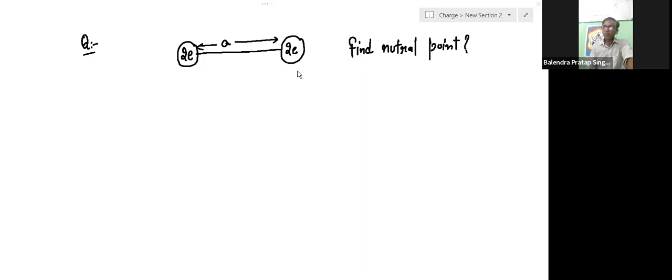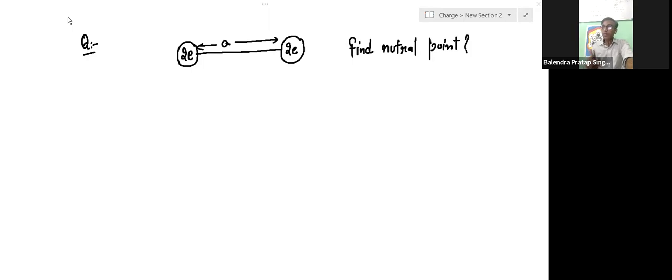So I'm going to solve this problem. The problem is interesting because the important thing in this problem is that both have equal charges. So if you are dealing with equal charges, then the result is very usual.